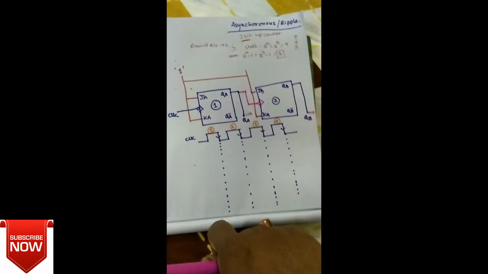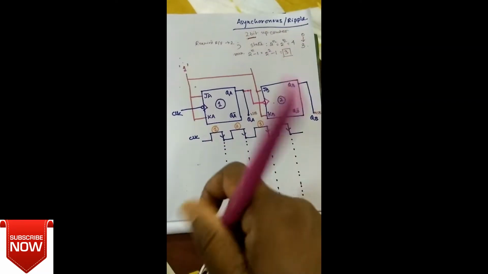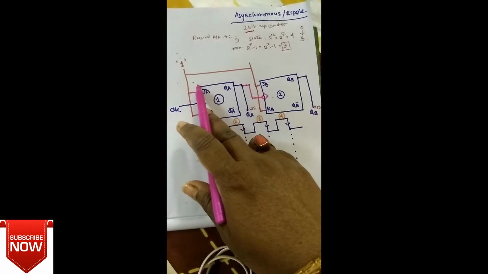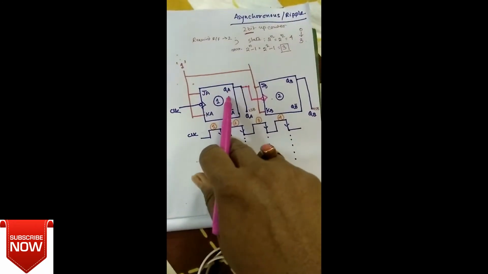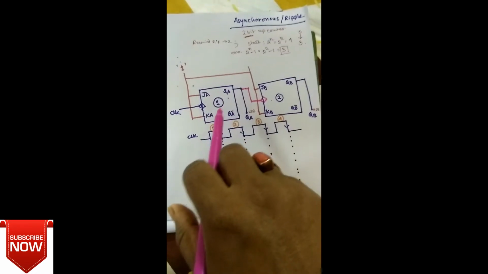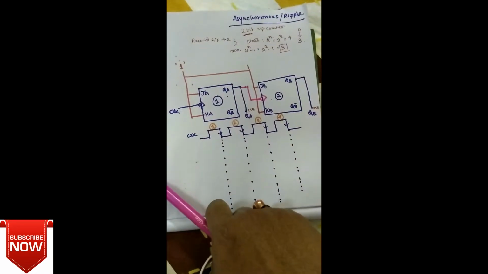Okay, got it? Now you see, whenever J and K are always 1, then whatever the previous output was, it will toggle, like the truth table of the JK flip-flop.